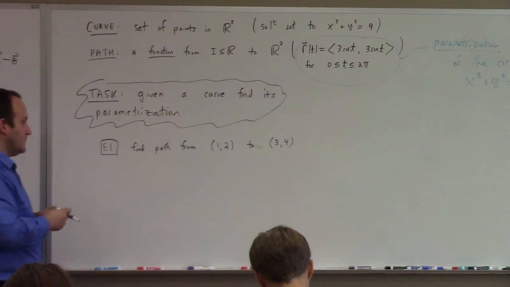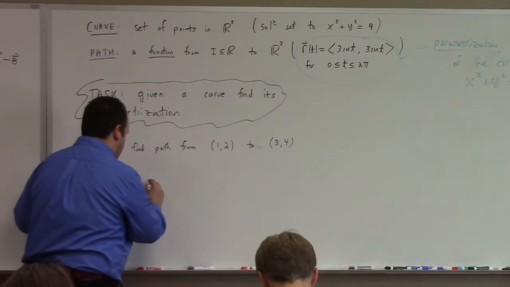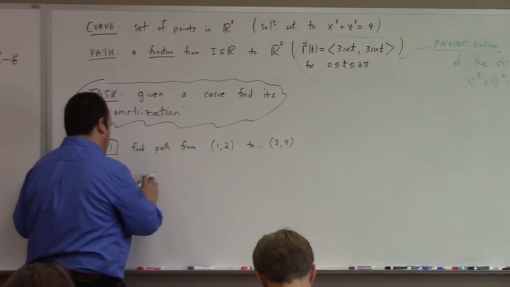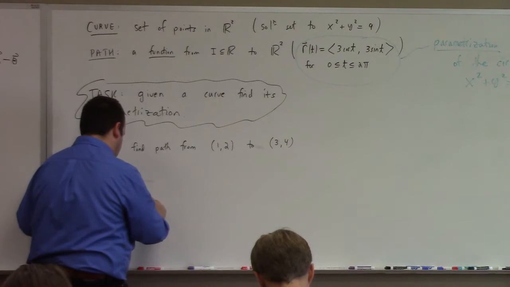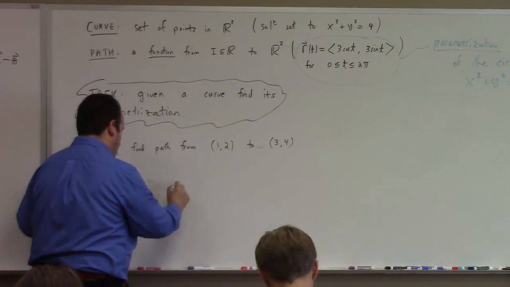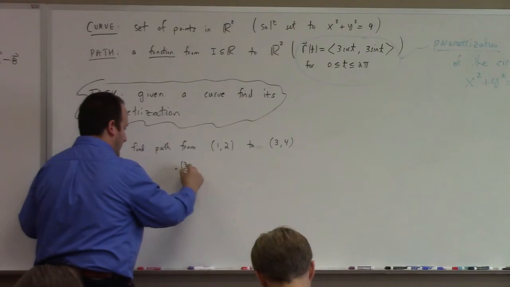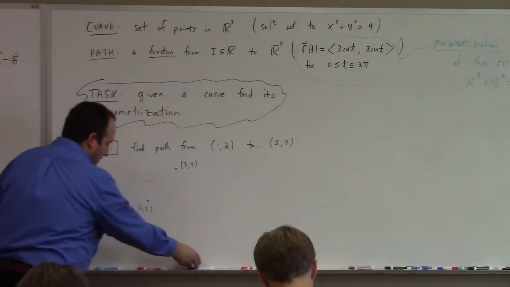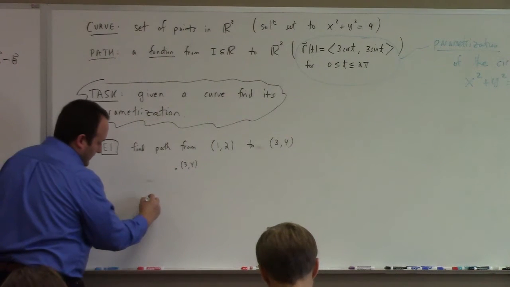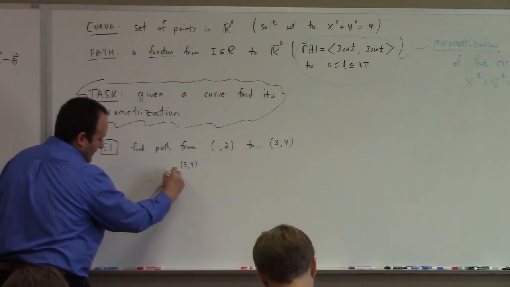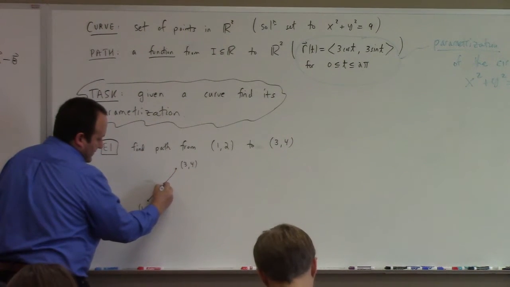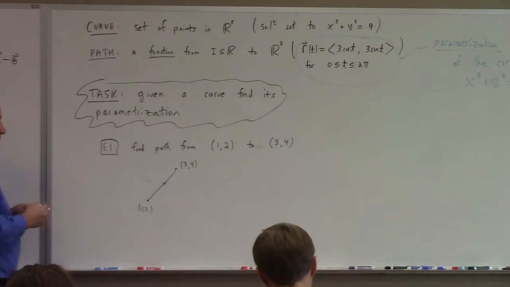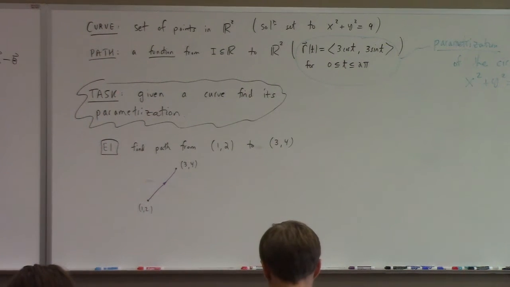All right. So here's the point (1, 2), and here's the point (3, 4). Very heuristic picture. I'm asking us to find a path which goes from there to there. Another way to look at it is I'm asking you to parameterize this line segment.